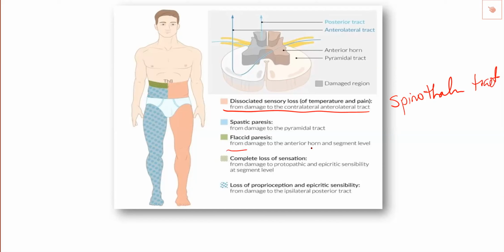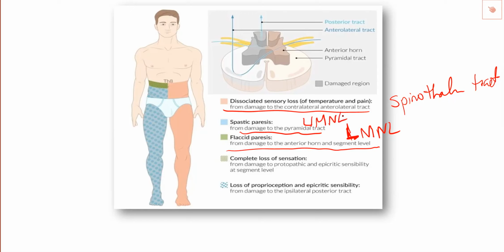Flaccid paralysis due to damage to the anterior horn cells at this level, so it is a lower motor neuron lesion at this level. Spastic paralysis, damage of the pyramidal tracts, is an upper motor neuron lesion.